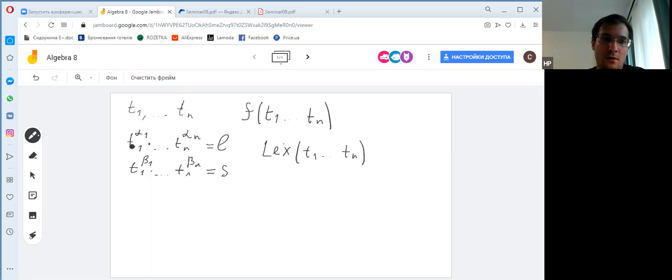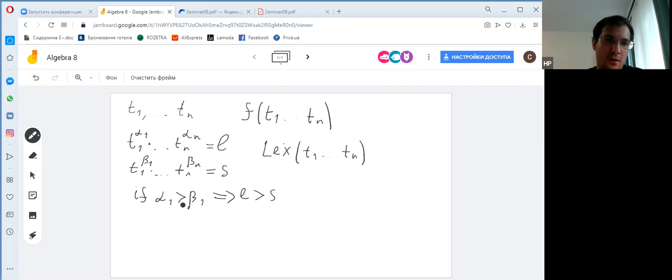If alpha 1 is bigger than beta 1, then L is bigger than S, and it does not depend on the other alphas and betas.